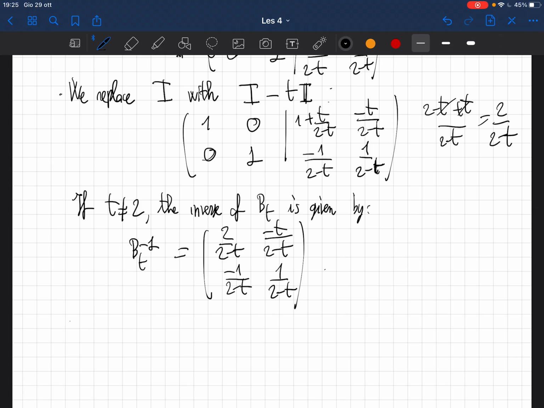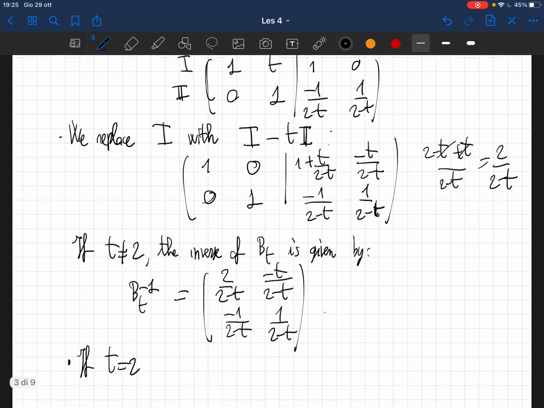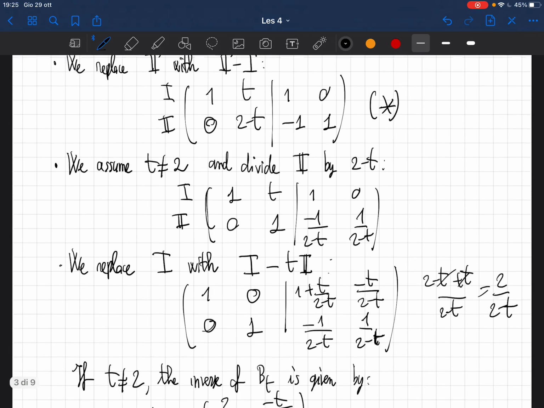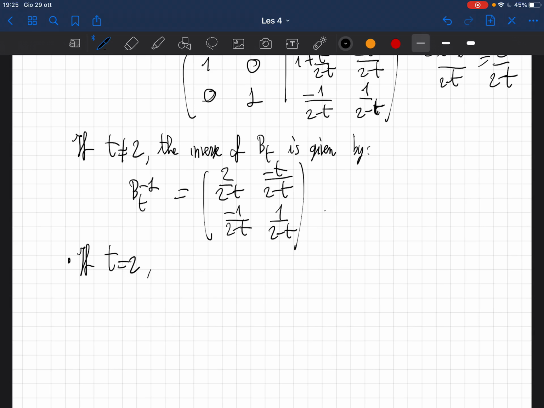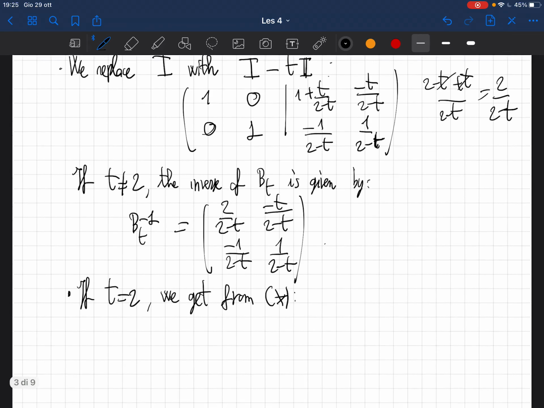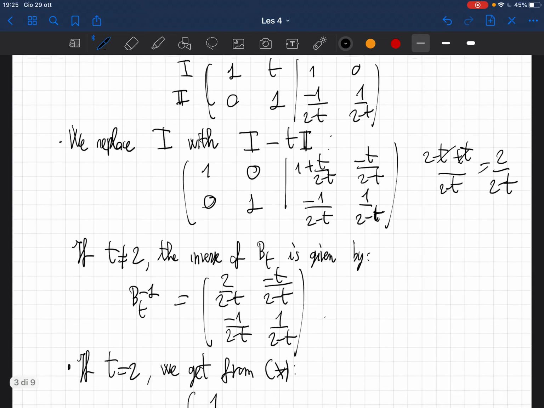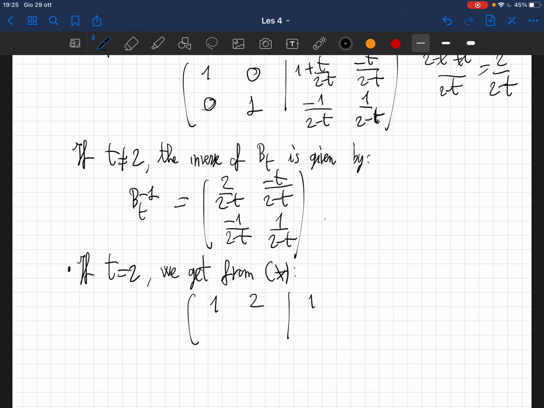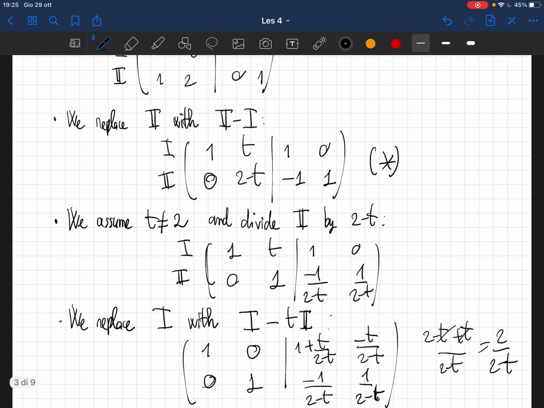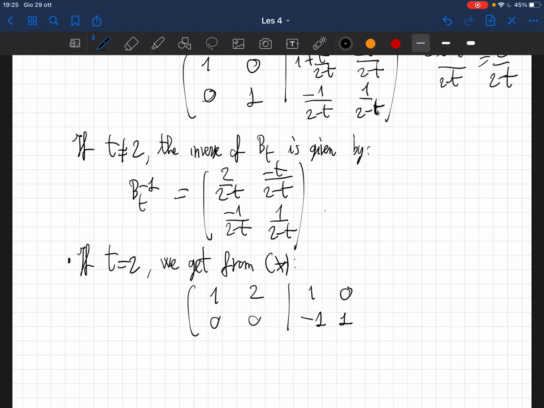And we are left, of course, with the case t equal to 2. Here, put a marker here. We get from it: 1, 2, 1, 0, and 0, 0, 1, 1, minus 1, 1.